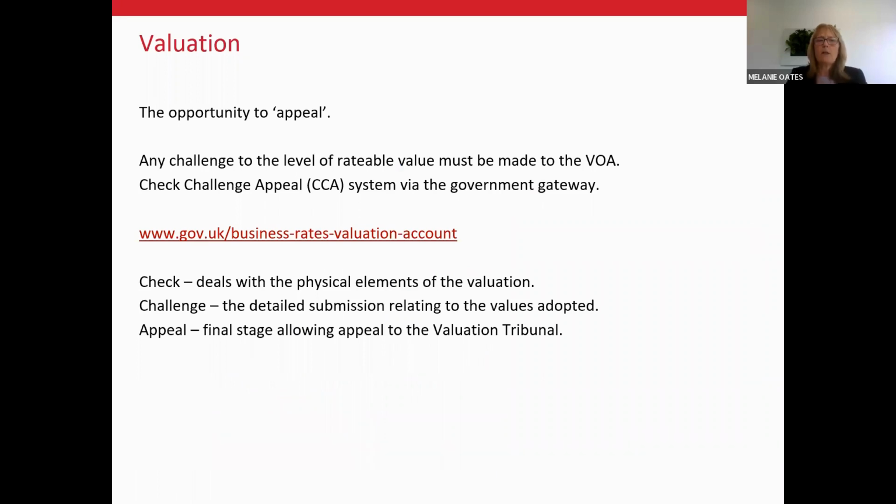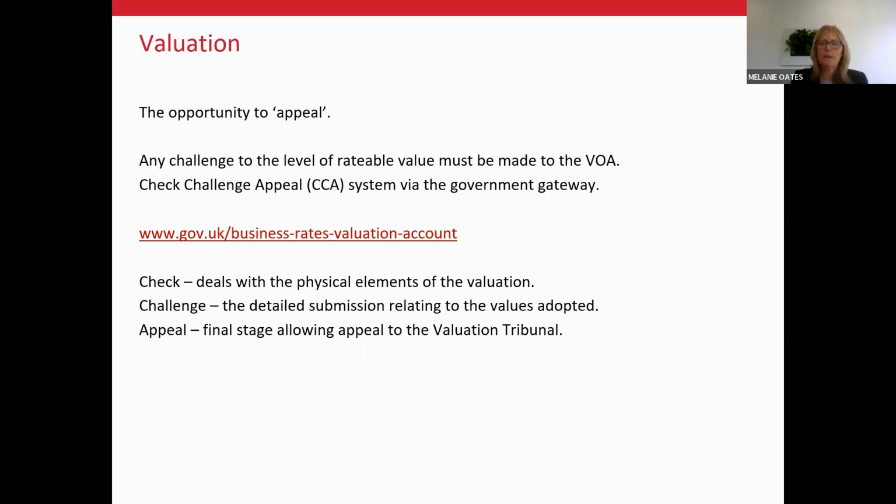There is the opportunity to appeal your rateable value. You would do this, as stated previously, by going through the check, challenge, appeal process with the Valuation Office Agency. This is done via the government gateway, and you may use that for tax purposes and whatever other purposes.